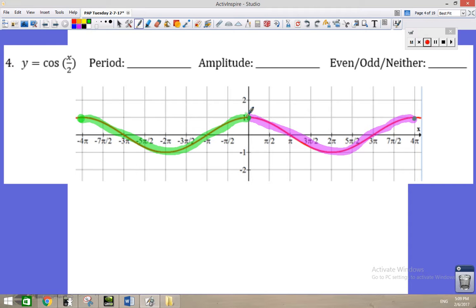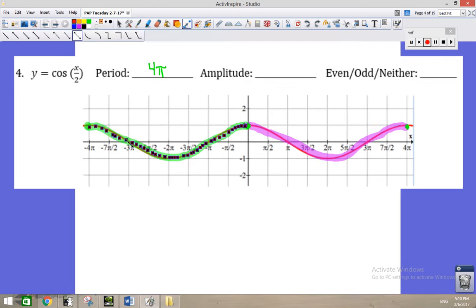So from 4 pi minus 0, this x-coordinate at this endpoint minus this x-coordinate is my period. So it's a length on this x-axis, which is 4 pi. My amplitude, here's my center line, the x-axis, and my max and min are either 1 unit above that center line or 1 unit below that center line.